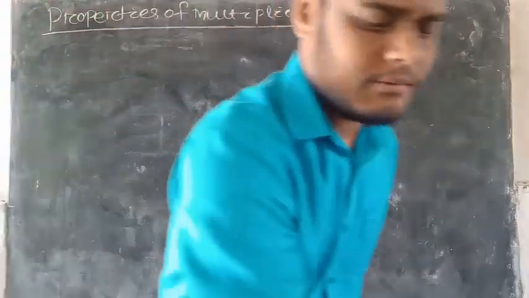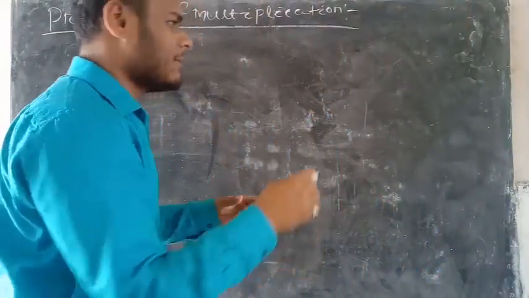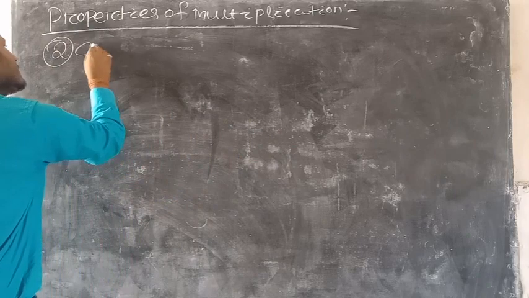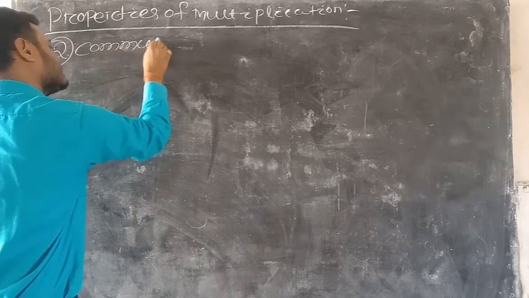Now as before, I will test the commutative property. The property number 2 is the commutative property.